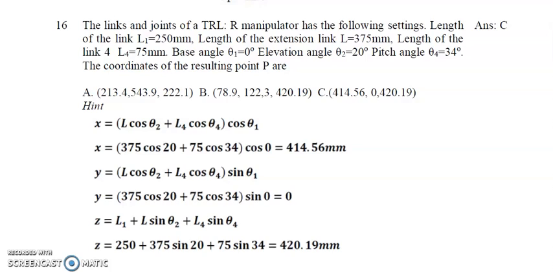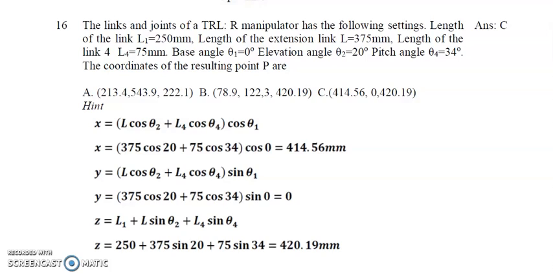Pitch angle theta 4 is equal to 34 degree. The coordinates of the resulting point P are: A, 213.4, 543.9, 222.1; B, 78.9, 122.3 and 420.19; and C, 414.56, 0, 420.19. Okay, this is the question.